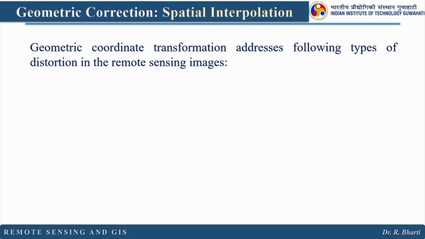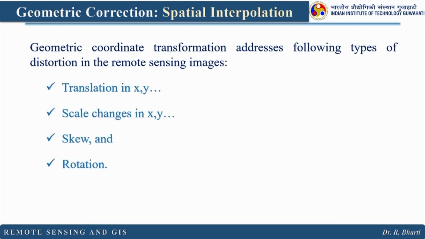So, geometric coordinate transformation addresses the following types of distortion in the remote sensing image like translation, scale changes, skew and rotation. We will see how it is going to affect your pixels and after correction how it will appear.